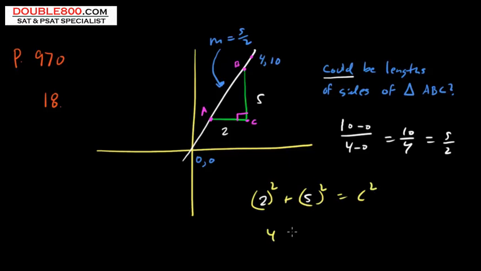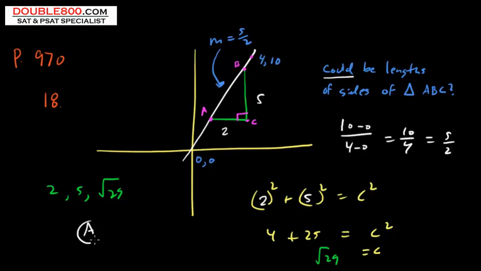That's 4 plus 25 equals c squared, so c squared equals 29, and then c equals root 29. And so I could certainly say 2, 5, and root 29. The answer choice here is A.